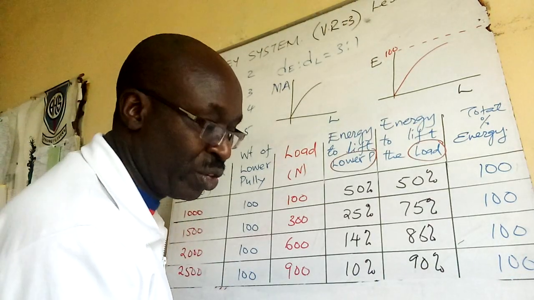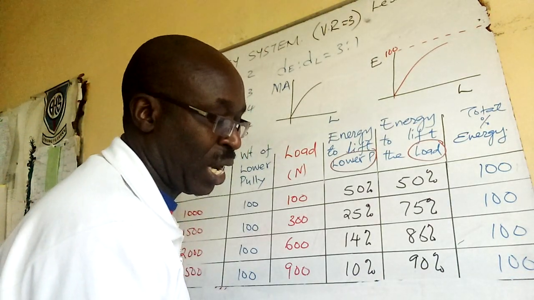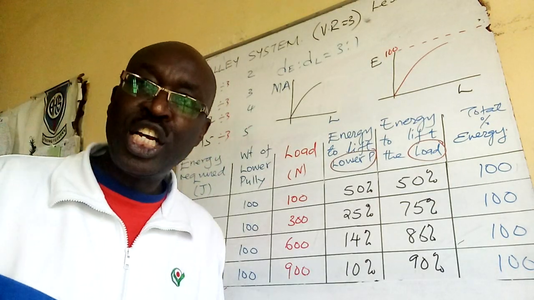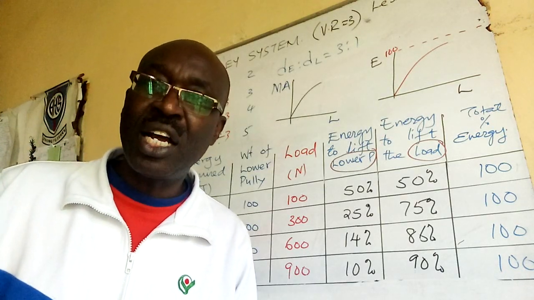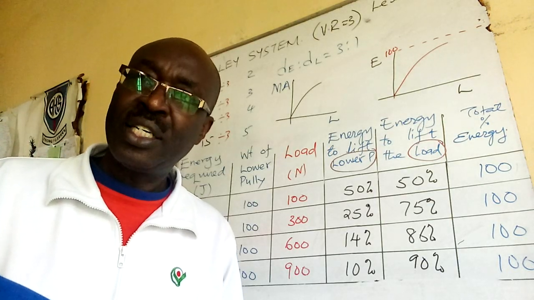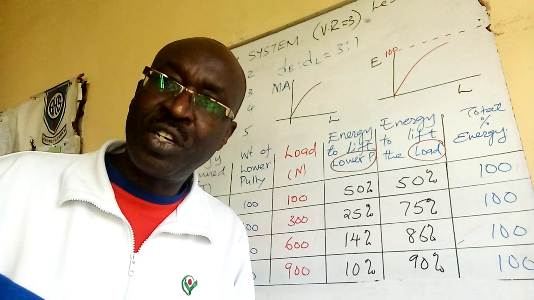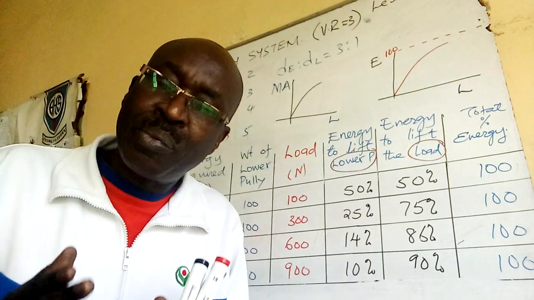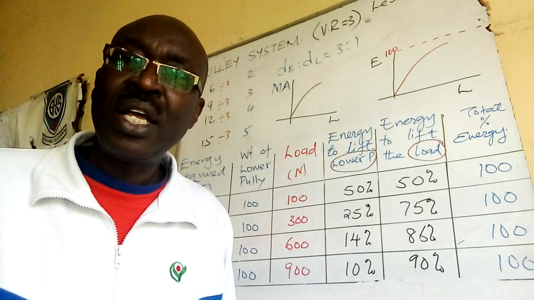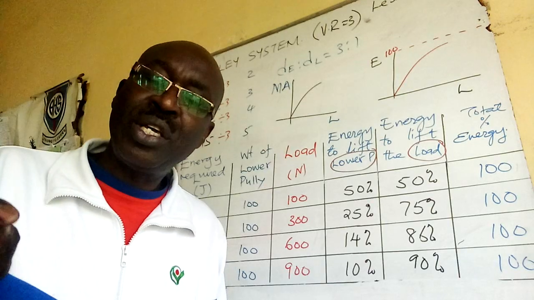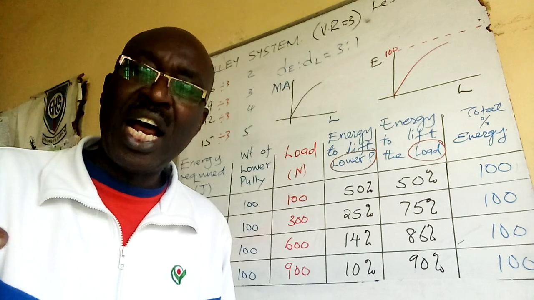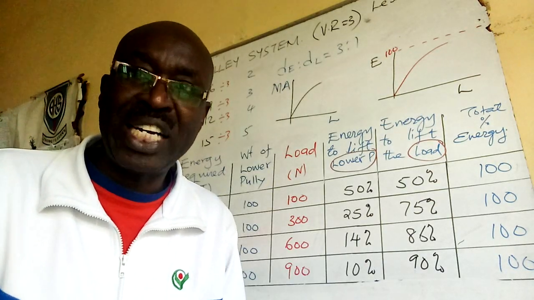But always our scenario is work output is less than work input. The denominator is always greater than numerator. And we have seen the reason behind that. Always the lower pulley and the friction come into play. Because they are there, you cannot overcome them. And that's why work input cannot be equal to work output, and we cannot get efficiency 100% unless I change something to suit my testing.